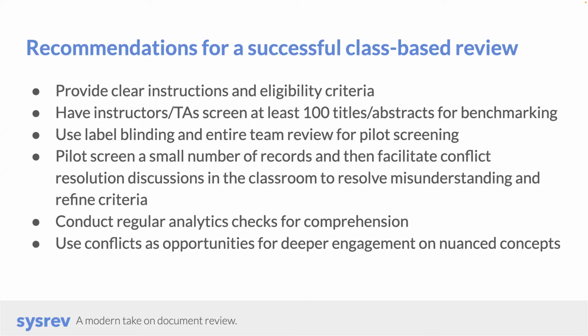Pilot screening a small number of records, and then again, doing these small batches and facilitating these conflict resolution discussions in the class, adds to that deeper engagement with the literature. And checking those analytics regularly for comprehension, and as I've mentioned, using these conflicts and decisions as opportunities for more discussion.